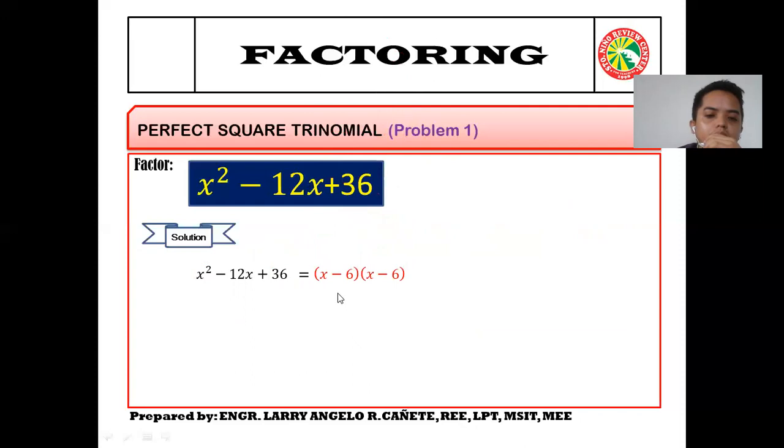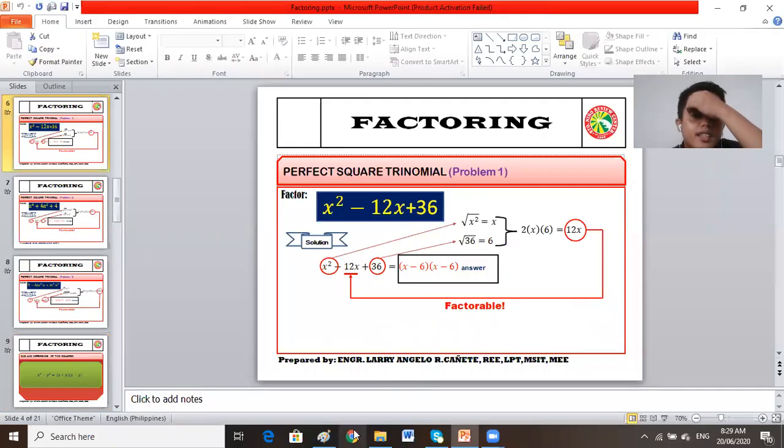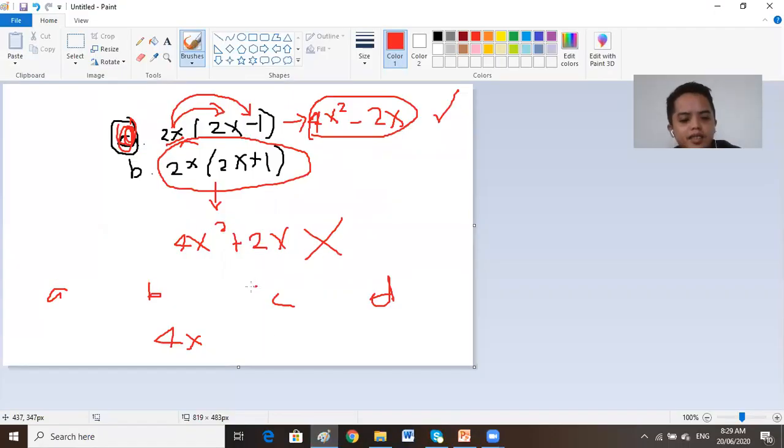Therefore, the square roots of the first term and the third term are your basis for the factors here. So x minus 6, x minus 6, because the square root of x squared is x, and the square root of 36 is 6.